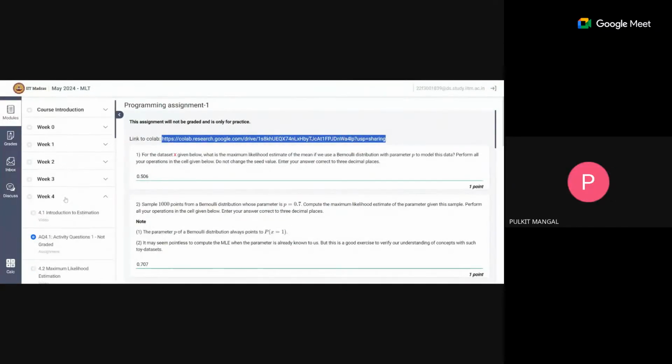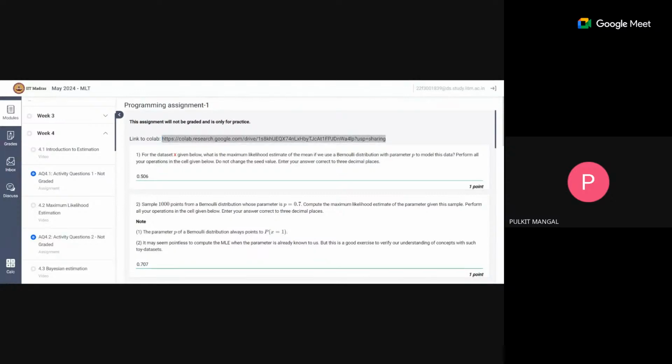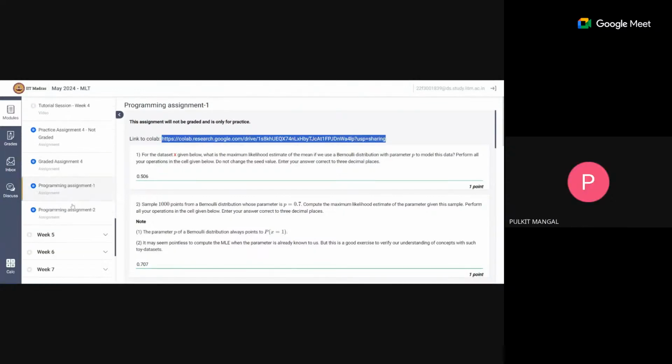Just open your week 4 on the portal. Scroll down, and in the end you will find programming assignment 1 and 2. Click on this link and it will open. Then you have to create a copy. Don't start editing in this file, otherwise the changes that you make will not get saved.